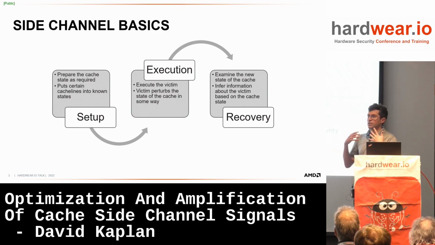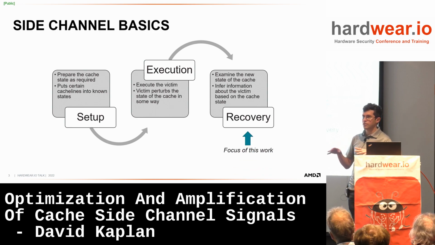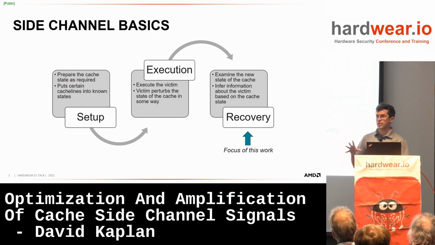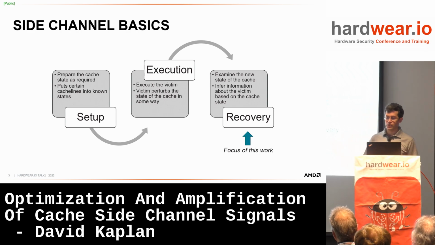You then let the victim code run, which perturbs the cache in some way. And then there's a recovery phase where you try to figure out what happened to the cache. For this talk, we're going to focus on that recovery phase exclusively, which also means that the stuff here applies to pretty much any cache side channel technique you want to do.